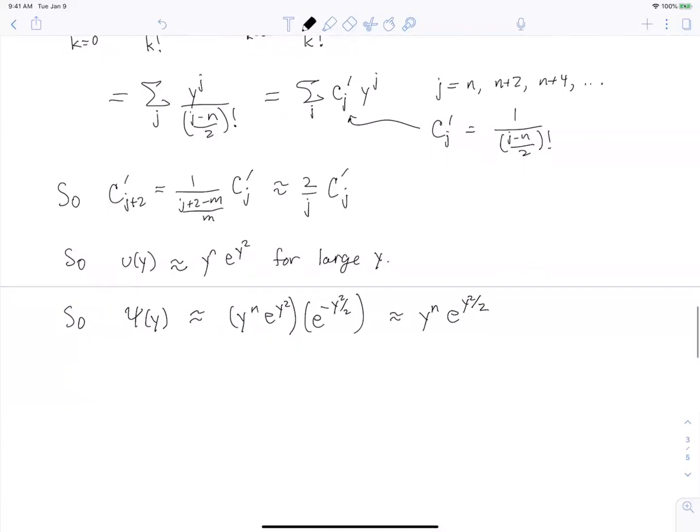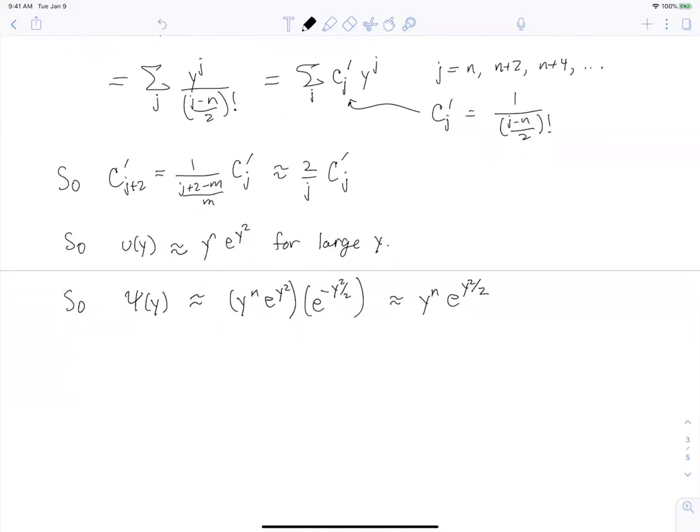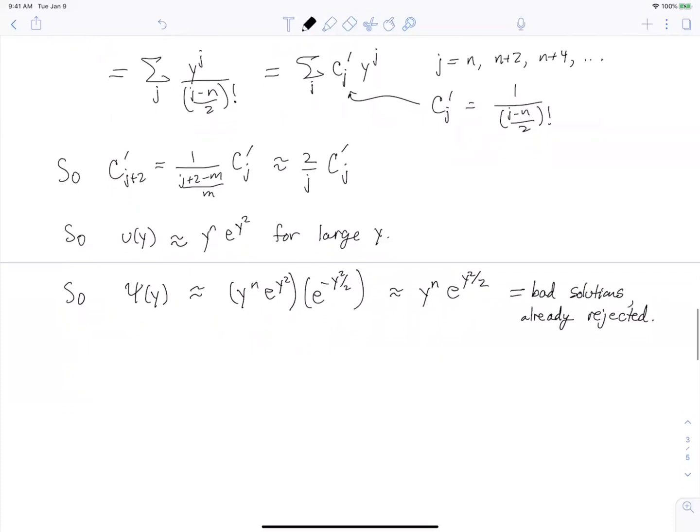And indeed, we had found that we had solutions of that form, but these are exactly the bad solutions that we've already neglected, already said couldn't be there. So it looks like we did all this work of solving the recursion relation for these coefficients, and all we got was a solution that we had argued before was a bad solution and we shouldn't use it.